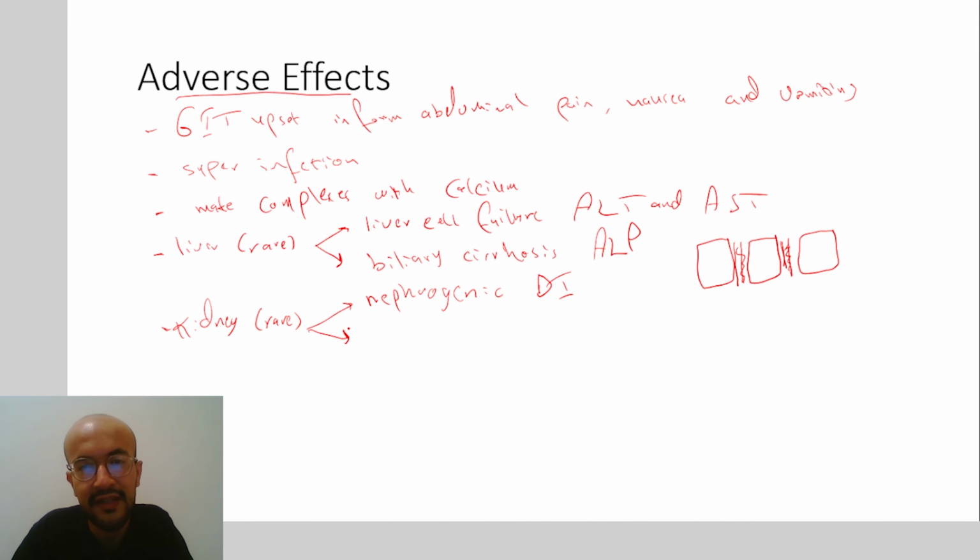They also lead to the death of the proximal convoluted tubule cells, and that will lead to polyuria and losing of the electrolytes, and that will lead to Fanconi syndrome.